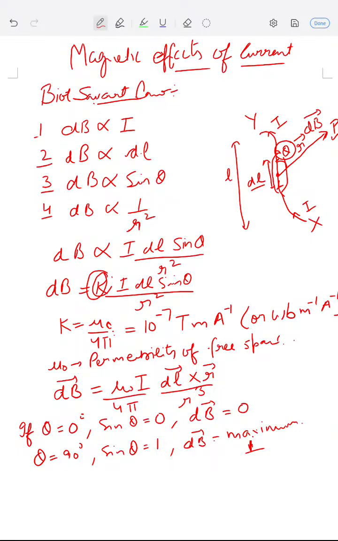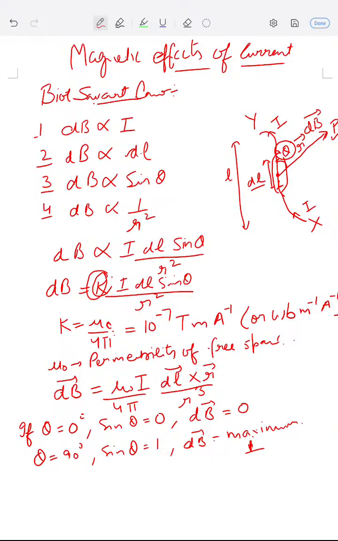I am going to repeat again. The magnetic field produced along the length of the wire is directly proportional to the current of the conductor, directly proportional to the length of the conductor element, directly proportional to sine theta, and inversely proportional to r square.